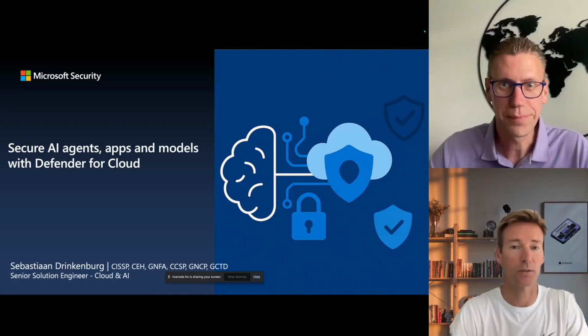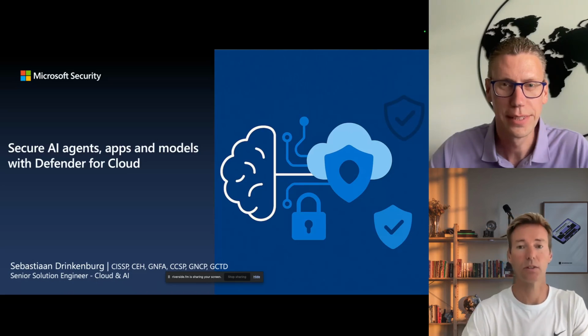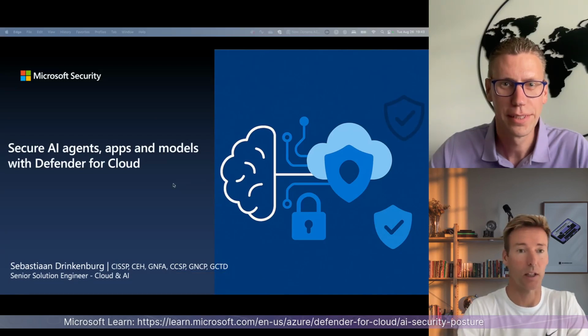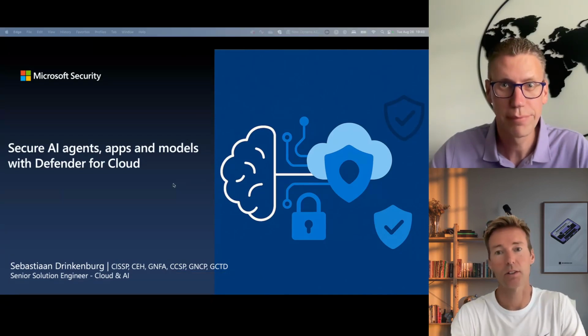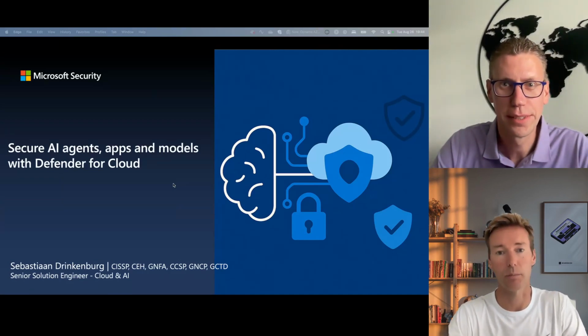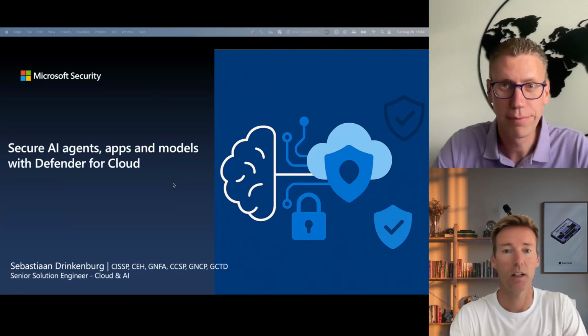Yeah, so I will start sharing my screen so everybody can see what we are going to have a look at. The topic for today, like we mentioned, is going to be focused on securing AI applications, and then primarily the ones that are running on Azure Cloud, but also for multi-cloud. So why is this topic important? Because AI is a major push within Microsoft. We obviously have Copilot, Security Copilot.